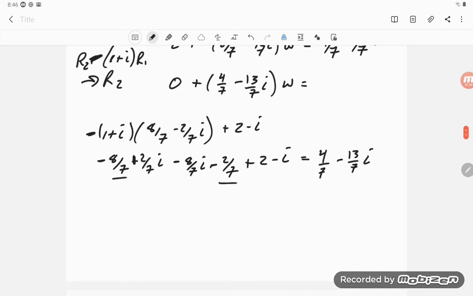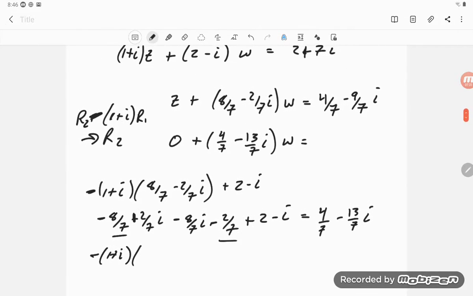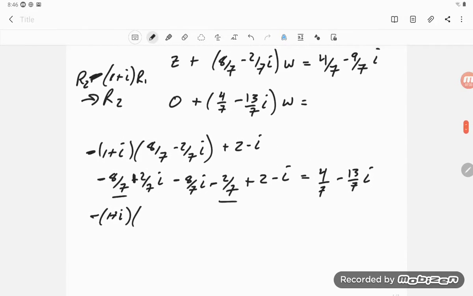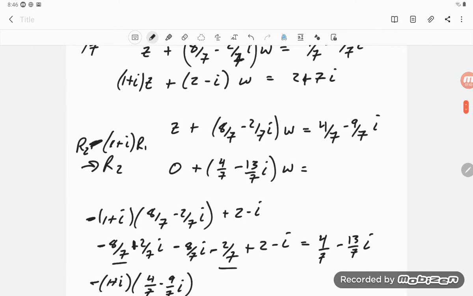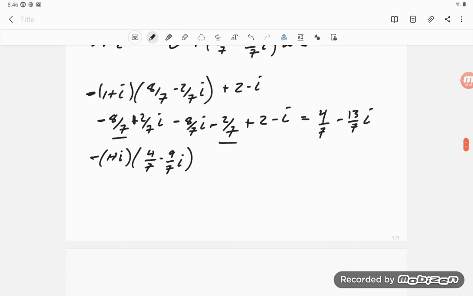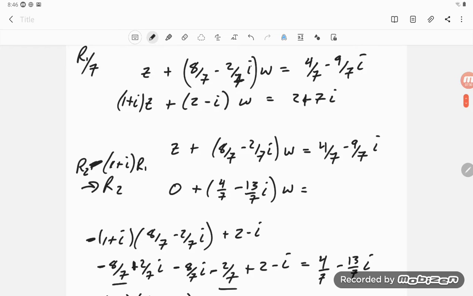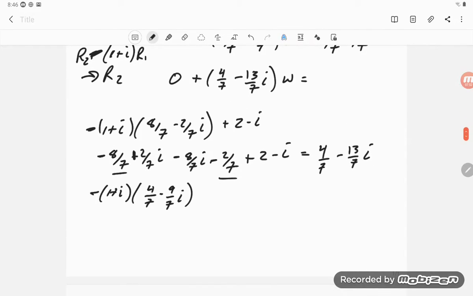And I need to do that same sort of thing. I'll remember my negative this time. Minus (1 plus i) times (4/7 minus 9/7 i). Yep. Okay. And then, oops, what was down there? 2 plus 7i. So then plus 2 plus 7i.